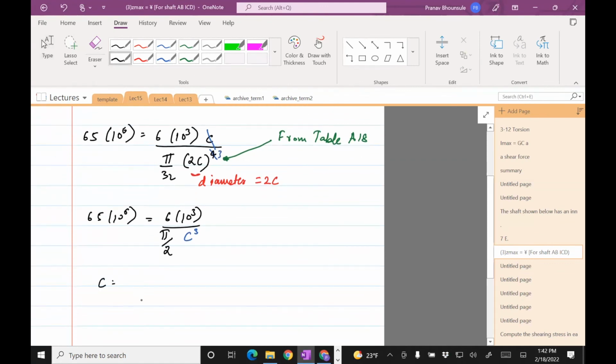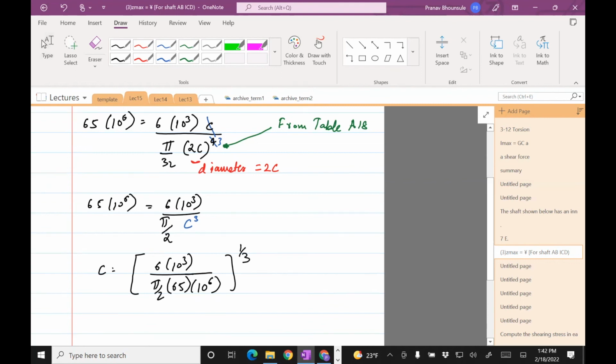So C is 6 times 10 raised to 3 divided by pi over 2 times 65 times 10 raised to 6, and then the cube root of that.